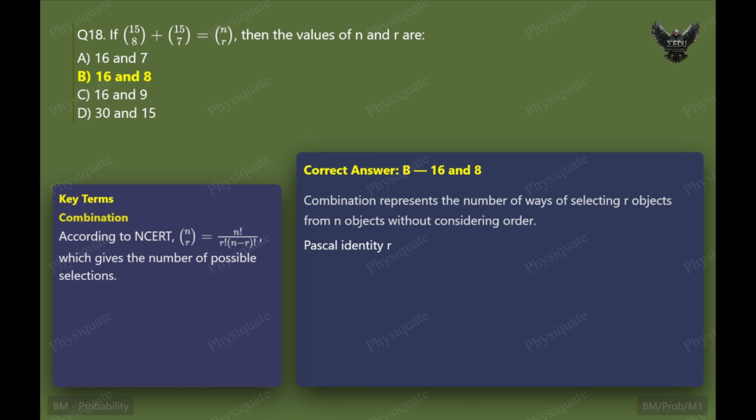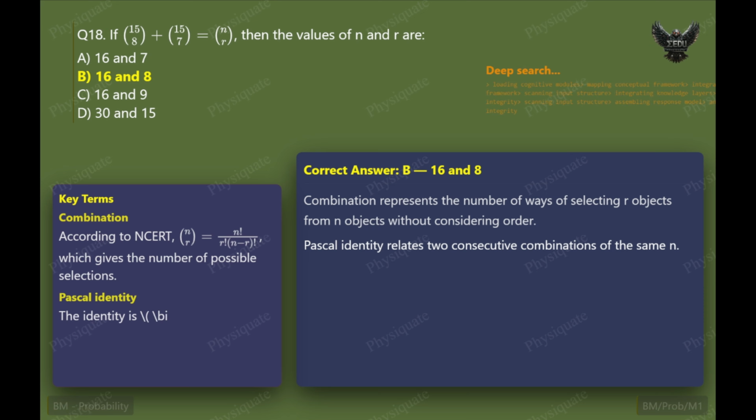Pascal identity relates two consecutive combinations of the same n. Let us examine Pascal identity. The identity is C(n,r) plus C(n,r-1) equals C(n+1,r), which is a standard result in binomial expansion.